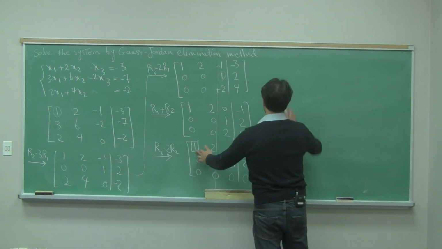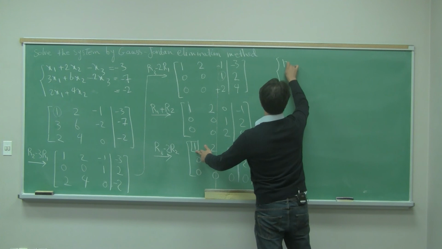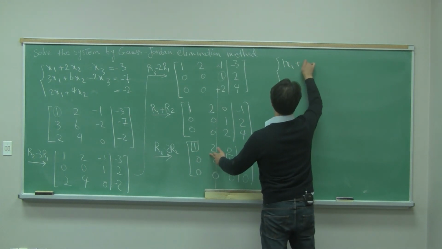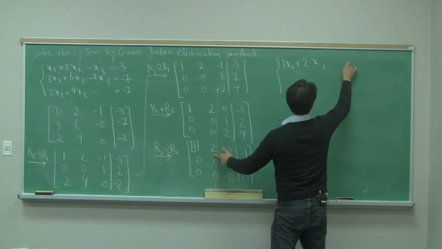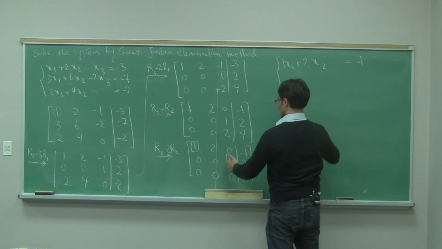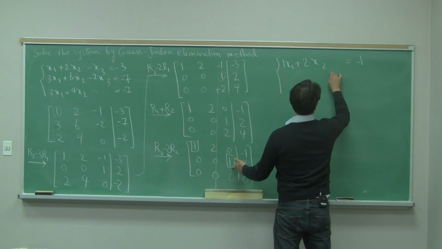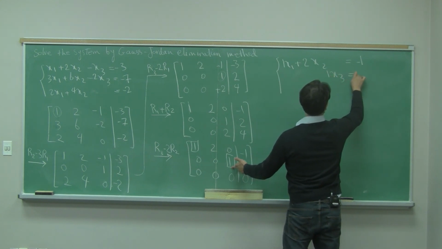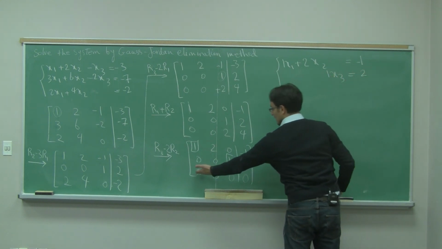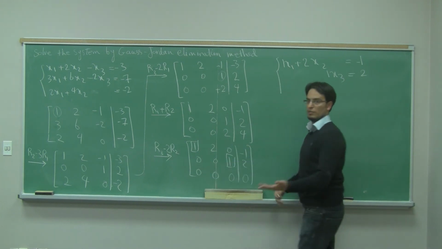So basically, I will have 1 x1 plus 2 x2 equals negative 1. And this one is 0 times x1, 0 times x2, and 1 times x3 is 2. The last row, everything is 0. I don't need to write that.